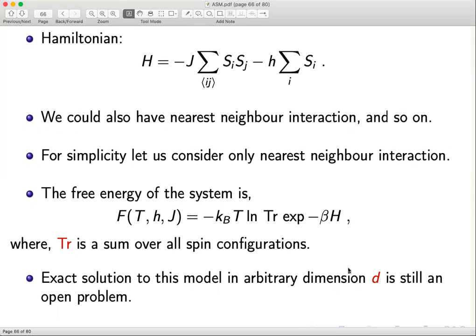But that is a kind of boring object, simply because it doesn't have any other option, and therefore the problem would be a simple counting or combinatoric problem. Here, of course, it is a little more than just a combinatoric issue. There is some kind of energy involved if the spins are pointing in the same direction or in the opposite direction. In spite of that, this problem is not exactly solved in arbitrary dimensions.